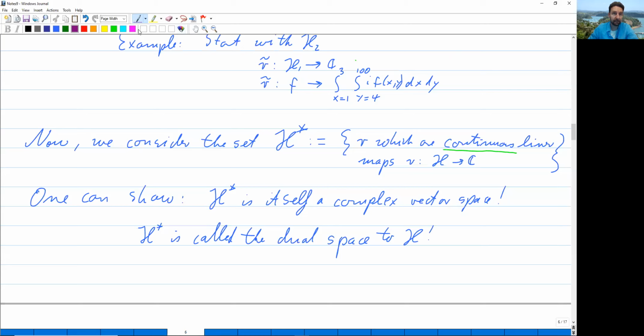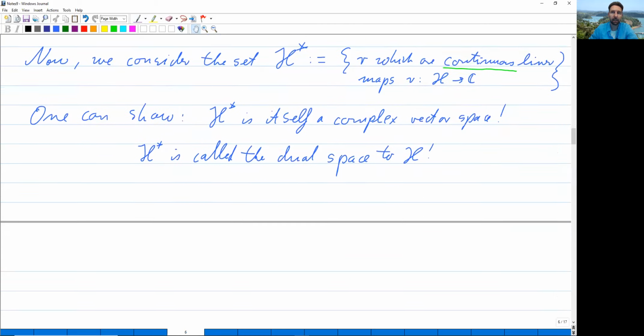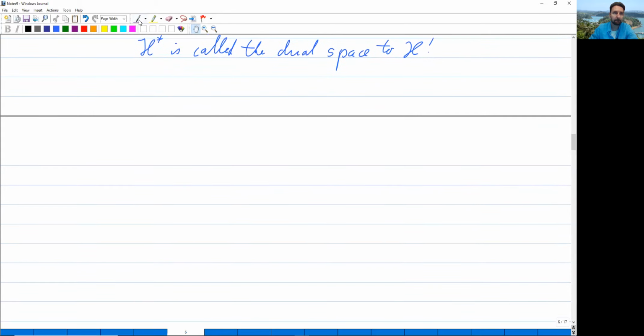Now, what I said is just general math. But now in quantum mechanics, we work with a complex vector space H, and we denote its elements by kets.